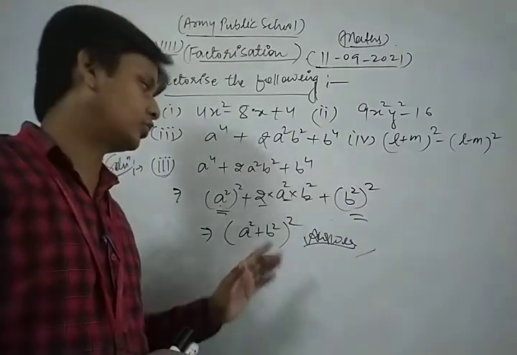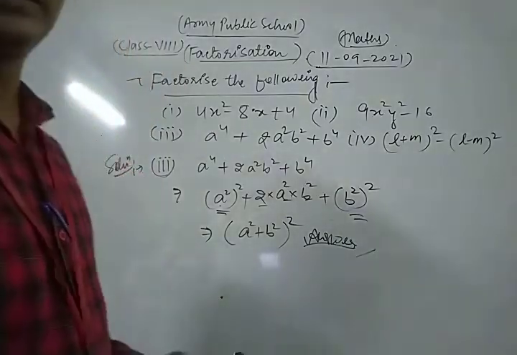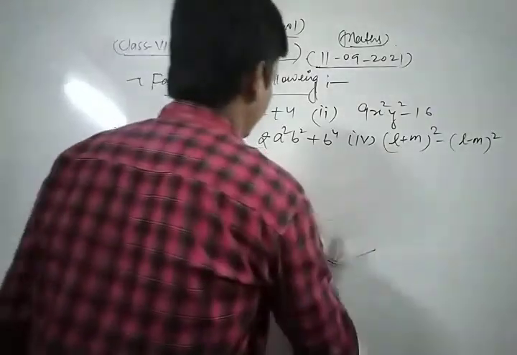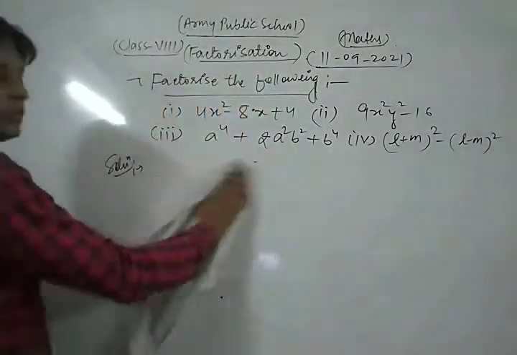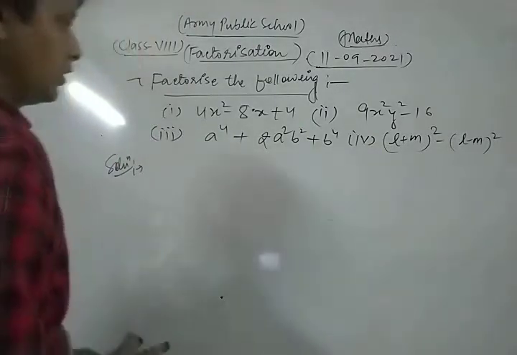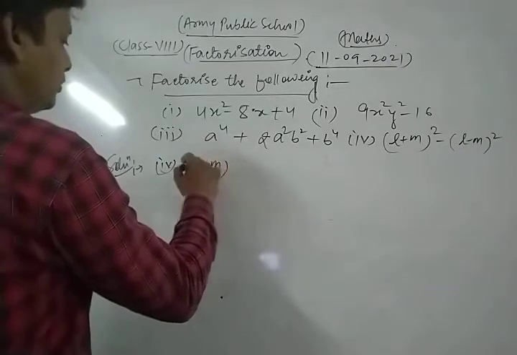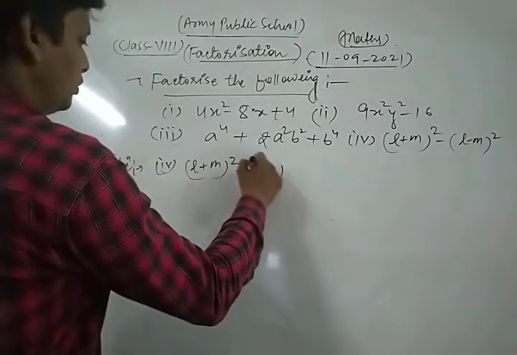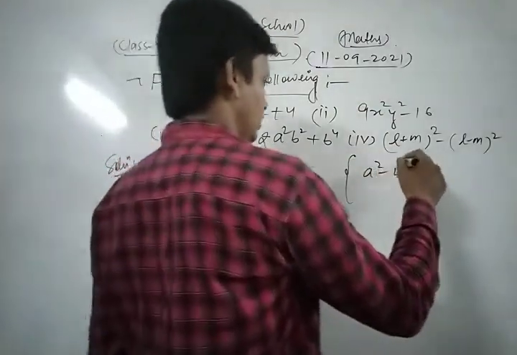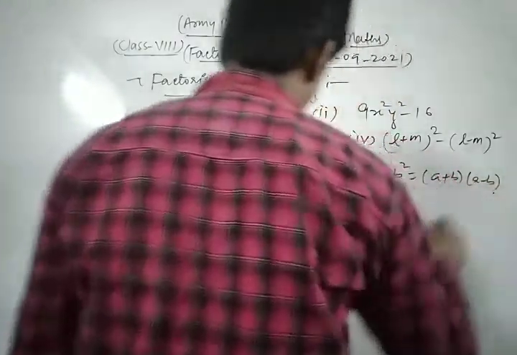So in this way you can solve each and every question of the NCERT exercise. Now we take and solve the last part of this question. Let's see. The fourth part is (l plus m) whole square minus (l minus m) whole square. Here this is the form of the identity a square minus b square, which is (a plus b) into (a minus b).